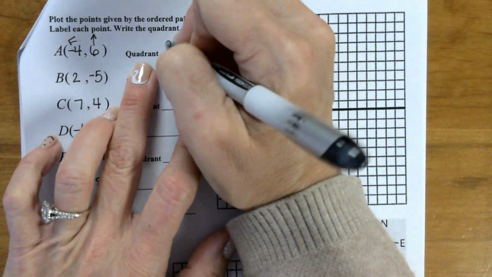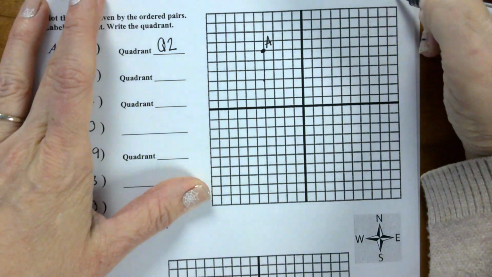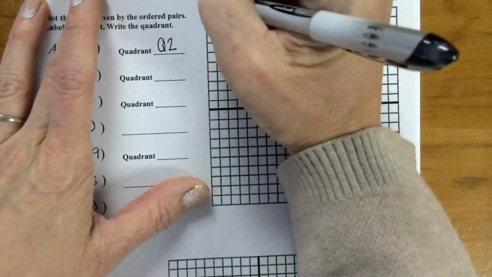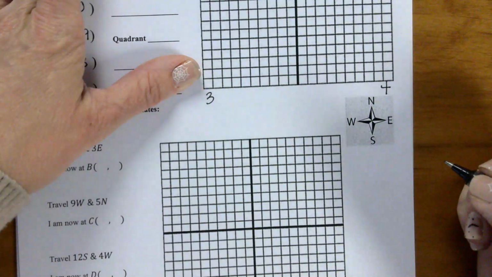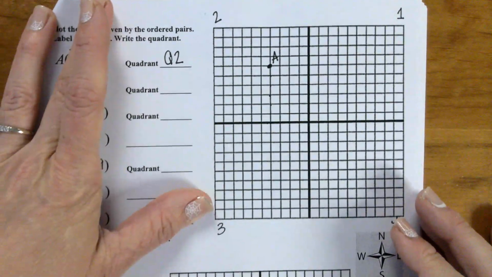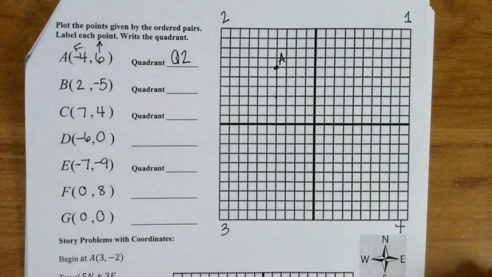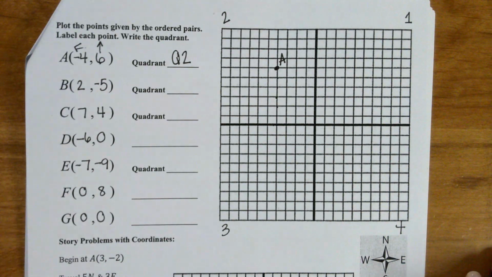It's quadrant 2. Don't forget, this is quadrant 1, this is quadrant 2, this is quadrant 3, that is quadrant 4. All right, I'm going to give you a minute to get those plotted.